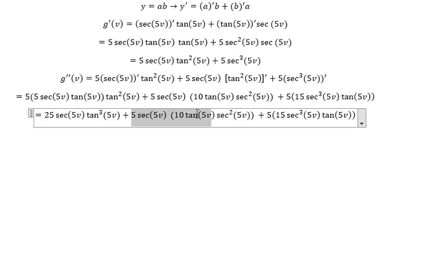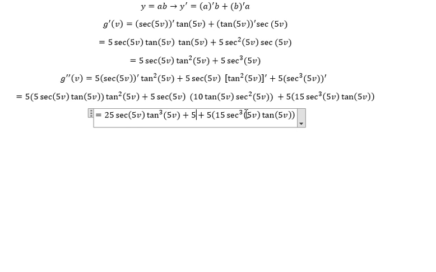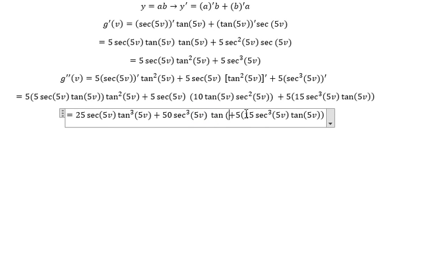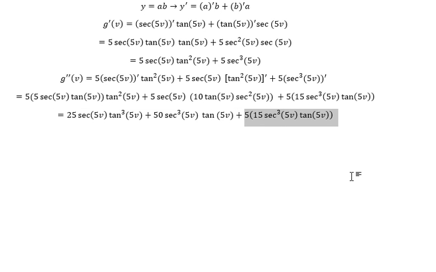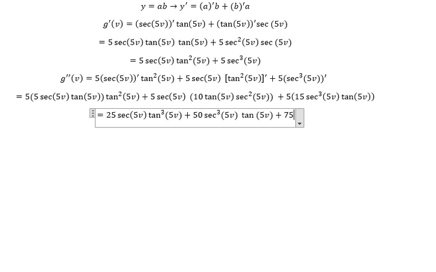This one, we have 50 secant of 5v to the power of 3, and we have tan 5v. This one, we have 75 secant of 5v to the power of 3, and we have tan 5v.